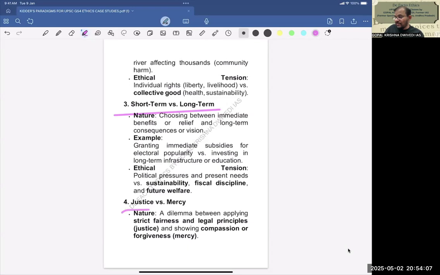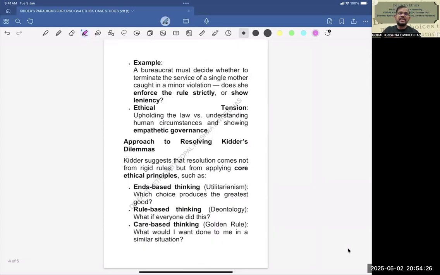Now, fourth, he has given the example justice versus mercy. The dilemma may emerge when you apply the principle of strict fairness and legal principles of justice, or show compassion, forgiveness or mercy. We can understand by example. Suppose there is a case where a single mother has violated some office rule.